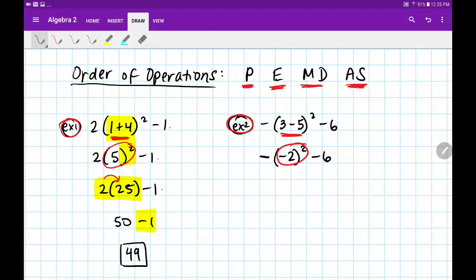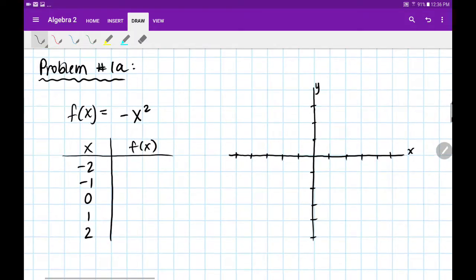So I'm rewriting this negative, and this became a positive 4, just like that. Minus 6. Now I can add and subtract. I have negative 4 minus 6. Oh, that's negative 10. That's our final answer. So if you're comfortable with this, you're ready to move on to plotting points using a table of values.